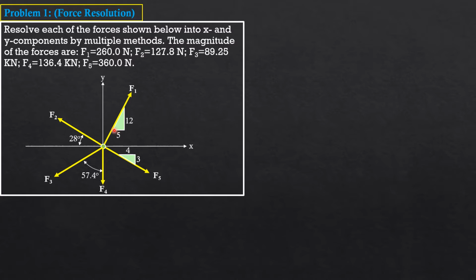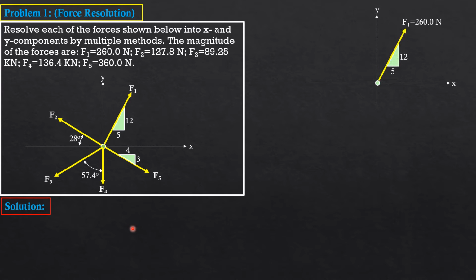So the slope is 5 horizontal, 12 vertical, so the hypotenuse or the distance is 13, square root of 5 squared plus 12 squared. So this should be 13. So F1x, as shown in the figure, can be solved by similar triangles or ratio and proportion.